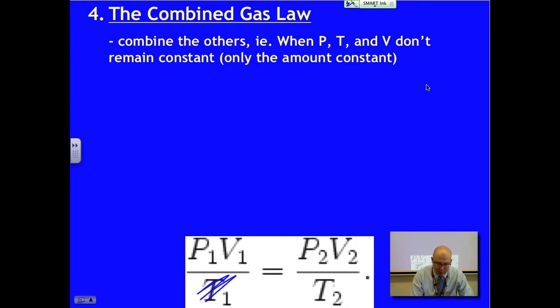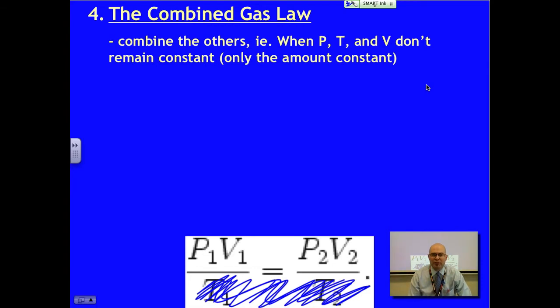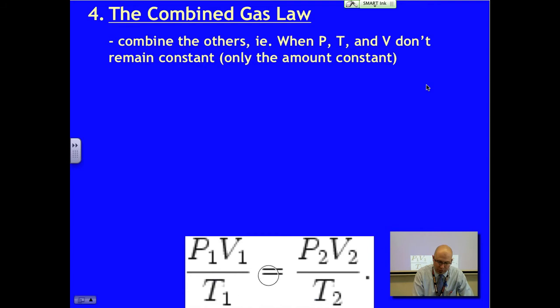Notice that really we've got Boyle's law, P1V1 equals P2V2. If I cross out my P's, I've got Charles's law. If I cross out my V's, I've got Gay-Lussac's.